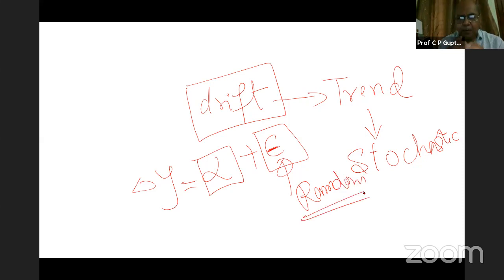So presence of drift in a stochastic process will give you trend, no doubt about it, but that trend will not be deterministic. That trend will be stochastic in nature.